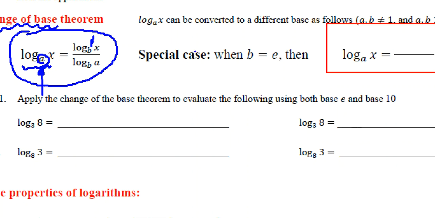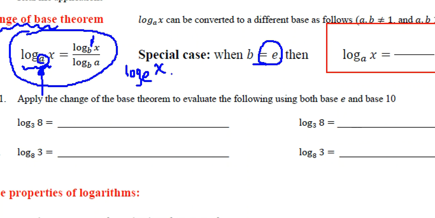And what are the nicer bases? This is the first one. When the base is e, the natural base, we introduced this number, it is about 2.718. This is the one irrational number, e. So when you change to e, let's take a look at what will happen. Log base a of x: if b is e, we get log base e of x.